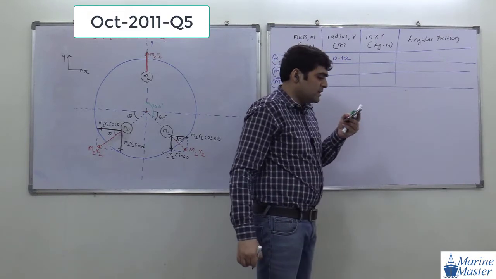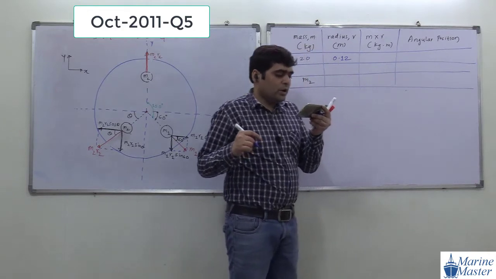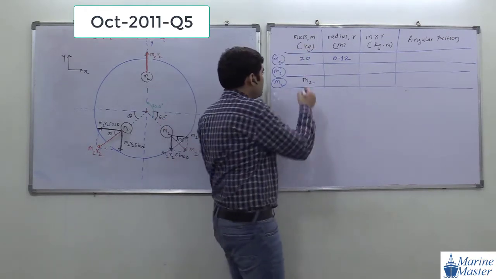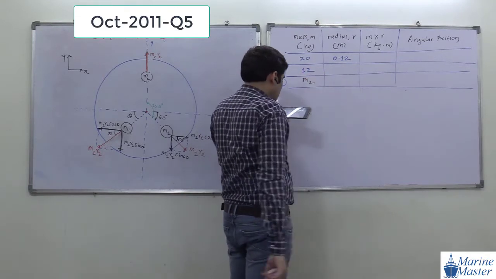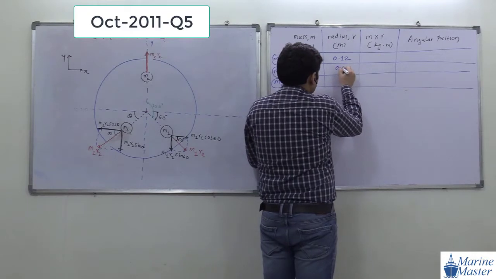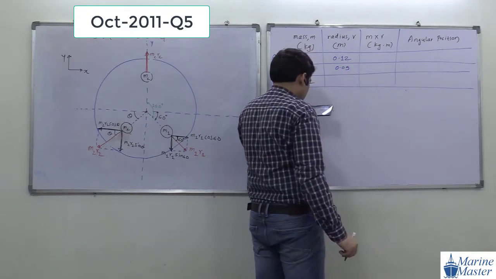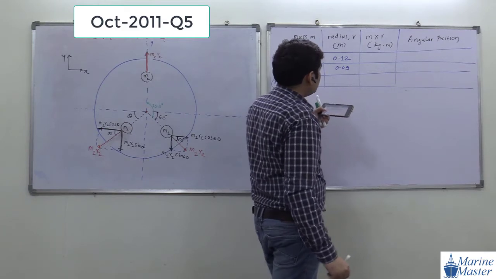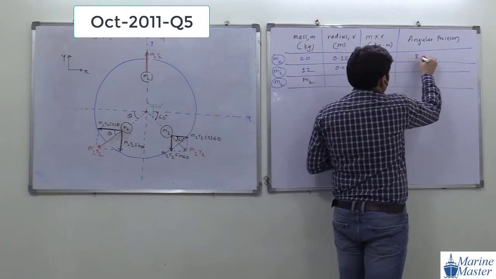And in order to achieve balance, 2 balance masses are attached to the face plate. First balance mass is 12 kg at 90 mm, which means 0.09 meter. Check it once again. Suppose we consider this as our reference.